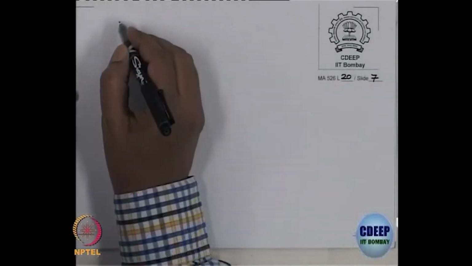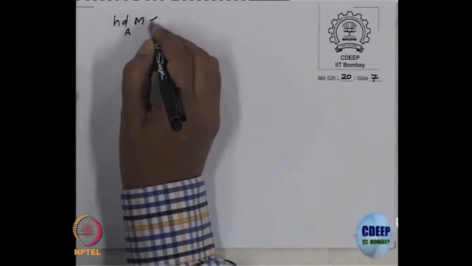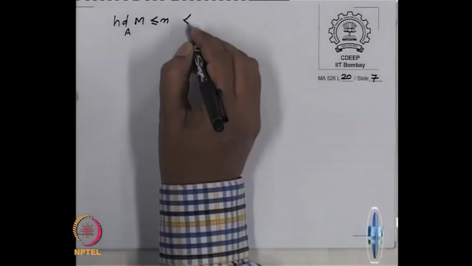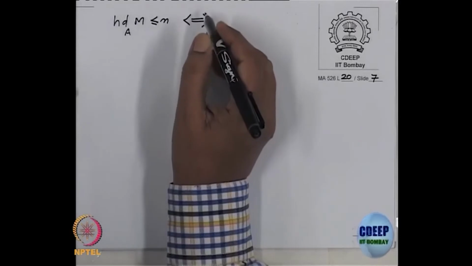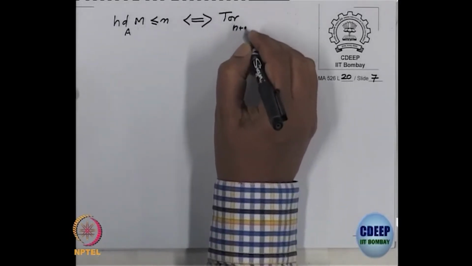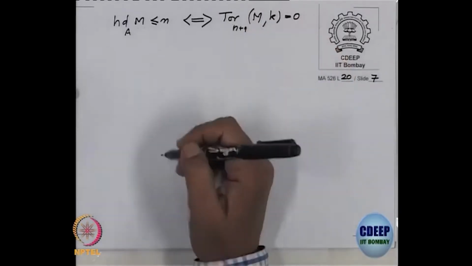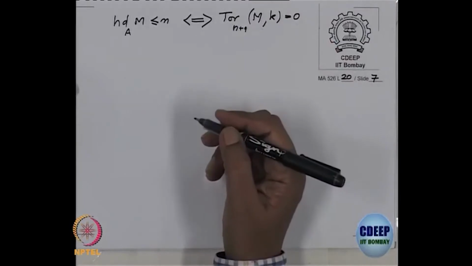All right. So, we want to prove that the homological dimension of M is less than or equal to n. We know this from the earlier proposition. This is equivalent to saying Tor_{n+1}(M, k) is 0. This was the earlier proposition, right?